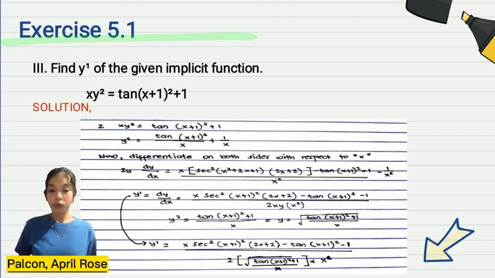So, the y prime of the given implicit function is y prime equals x sec squared times (x + 1) squared times (2x + 2) minus (tan x + 1) squared minus 1 over 2 square root of ((tan x + 1) squared + 1) over x times x squared.